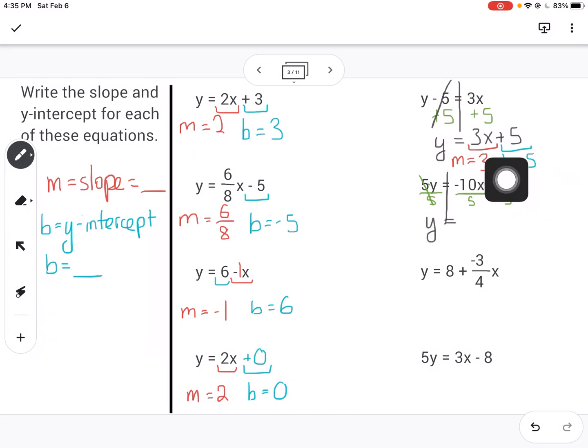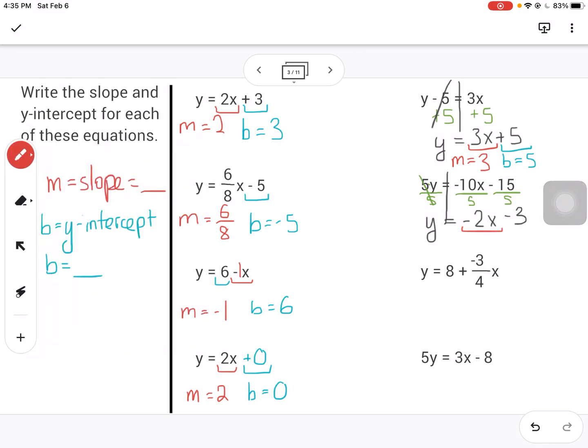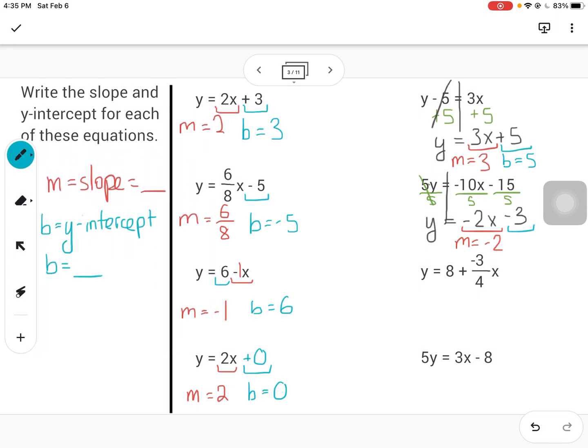Negative 10x divided by 5 is negative 2x. And negative 15 divided by 5 is negative 3. So our slope is negative 2, and our y-intercept is negative 3.